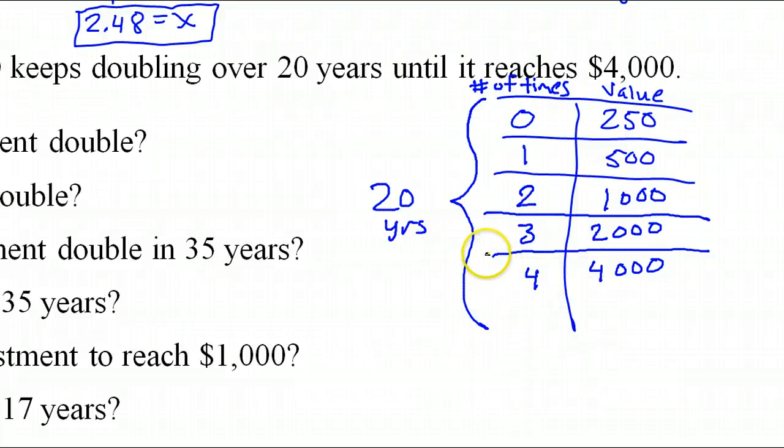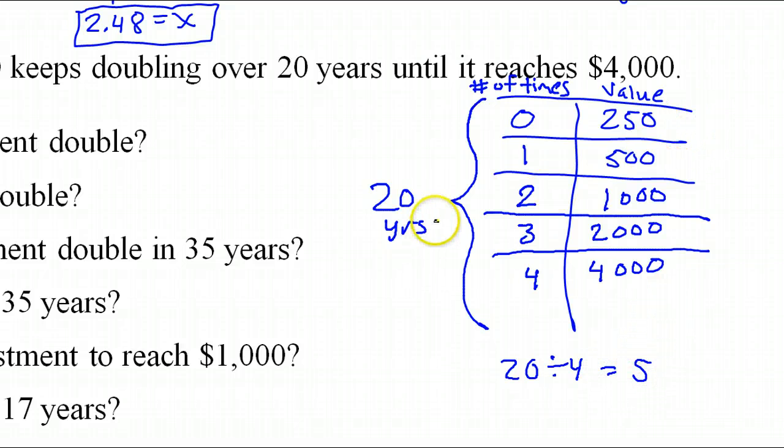If it doubled 4 times in 20 years, how many years did it take to double each time? Well, 20 divided by 4 is 5.